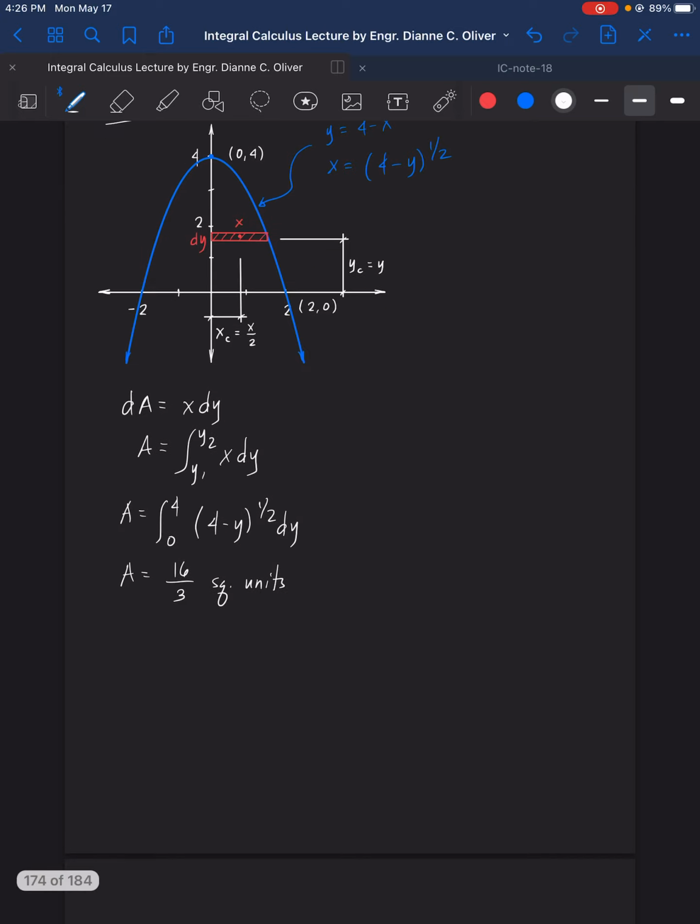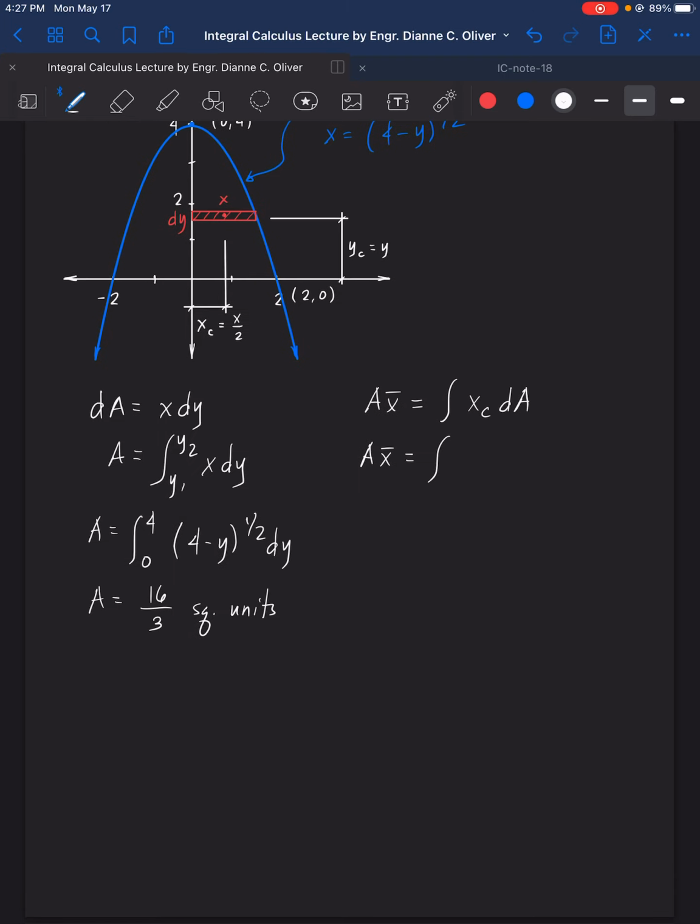Now to find x bar, I think we will use this portion here. So for the general formula for x bar, A x bar is equal to integral of xc dA. The xc here is the location of the center of the area strip from the point of origin along the x-axis.